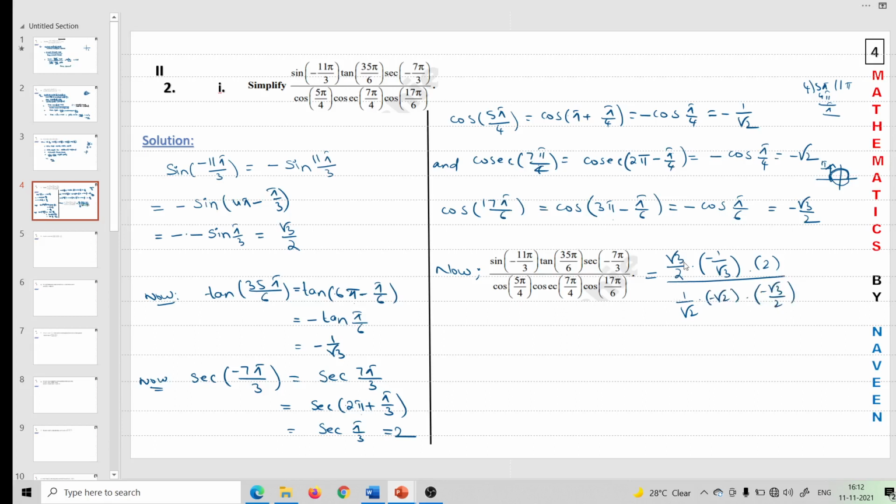See here, root 3 by 2, root 3 by 2 gets cancelled. Minus minus gets cancelled. Here root 2 gets cancelled. So what is the remaining thing? 2 by root 3. So the solution is 2 by root 3.